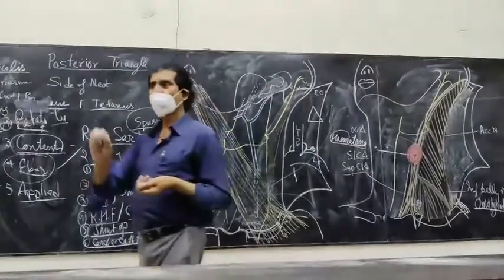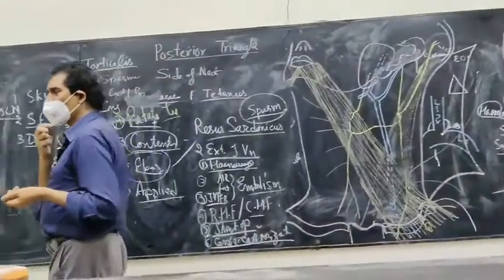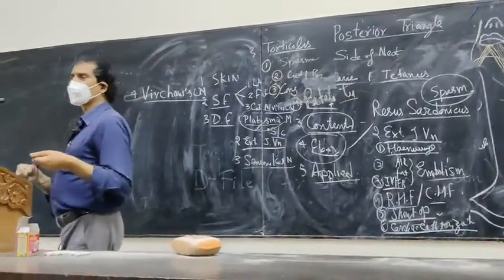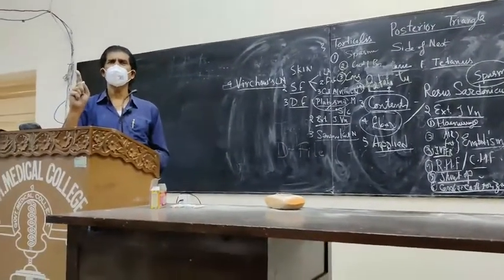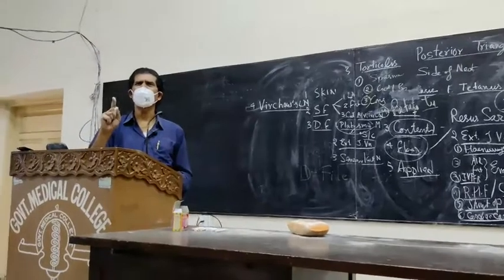Virchow lymph node, write down, is not given in your book. It is not even in the thoracic duct. At the termination of the thoracic duct, a single lymph node called the Virchow node is supraclavicular, left side only.